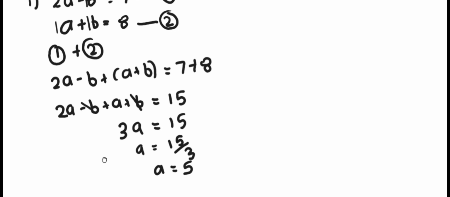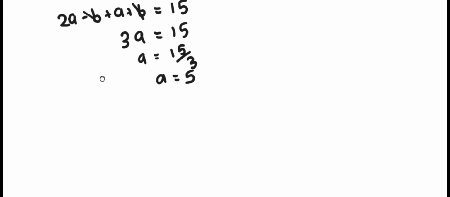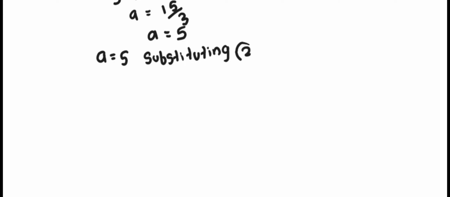So I'm going to substitute a equals 5 into the second equation. What is the second equation? a plus b, which means 5 plus b equals 8. b equals, plus 5 goes to the other side, 8 minus 5. So b is 3.